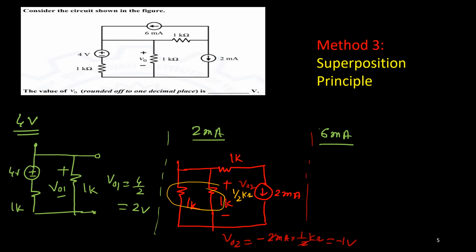Now next, when the 6 milliampere source is working only, right? So what will you do? The 6 milliampere is working here, and then on this side there is one branch or node.